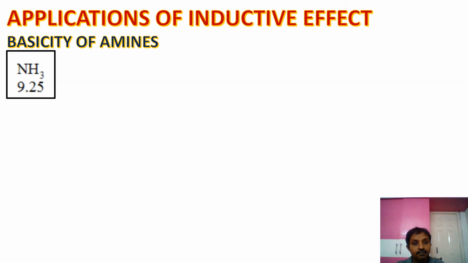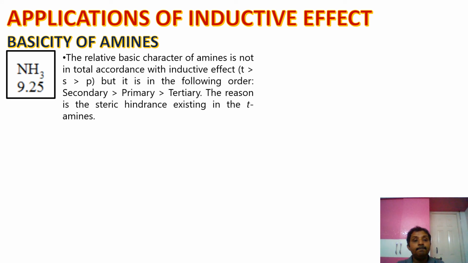Now, the ammonia molecule has a pKb value of 9.5. The relative basic character of amines is not in accordance with the inductive effect. If only the inductive effect is considered, then the order should be tertiary amine more basic compared to secondary, then primary.